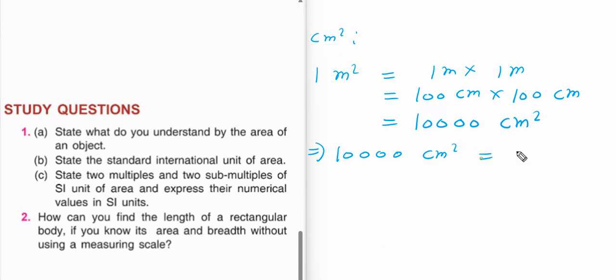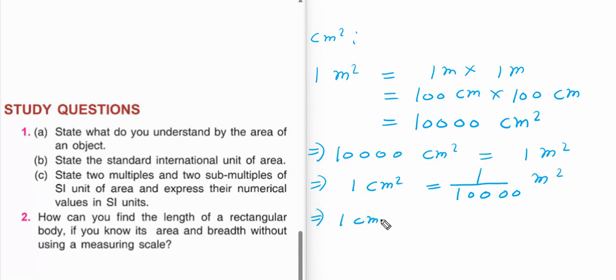Dear children, 1 centimeter square equals 1 upon 10,000 meter square. 1 centimeter square equals 1 upon 10 raised to the power 4 meter square. Now 1 centimeter square equals 10 raised to the power minus 4 meter square.